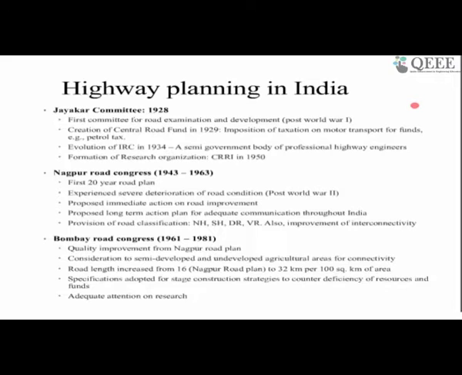They decide the total road length per 100 square kilometers. In Nagpur earlier it was 16 kilometers per 100 square kilometers. Now it has doubled in the Bombay Road Congress. So they increased it to 32 kilometers per 100 square kilometers of area. This is how the road lengths are going to increase.